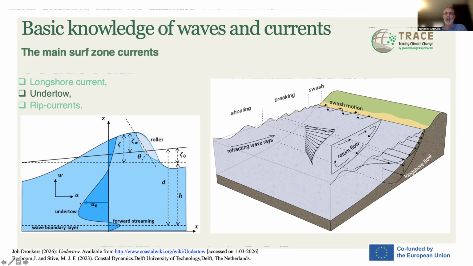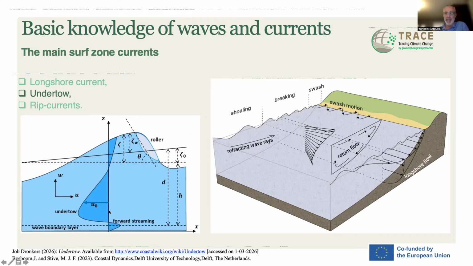Undertow is the current flowing offshore near the seabed, in the surf zone. It is only in the surf zone. And it is mainly driven by wave setup at the shoreline. And it's a kind of compensating current from the onshore mass transport by wave crests and wave walls. You see that there is onshore mass transport, and the water needs to return, and this return is the undertow.